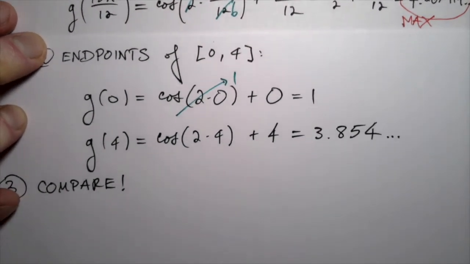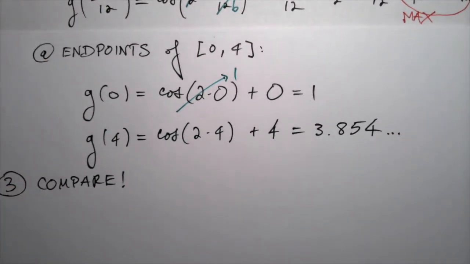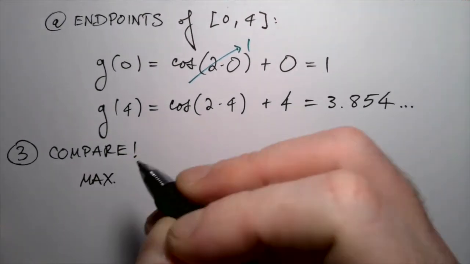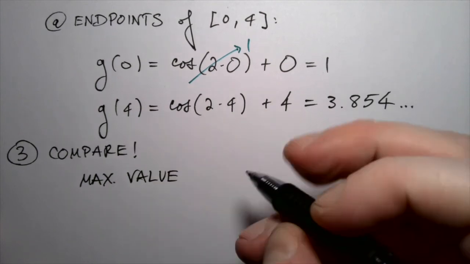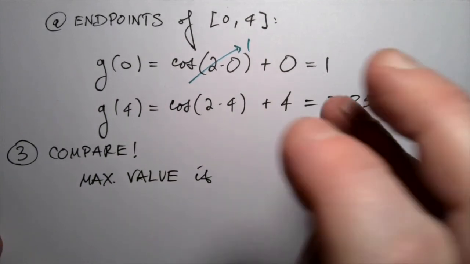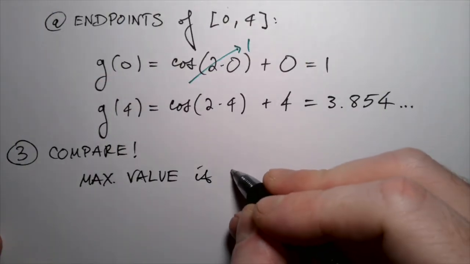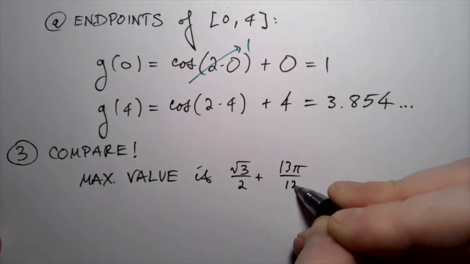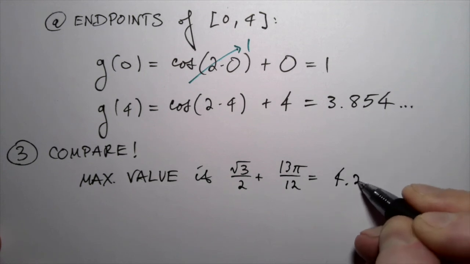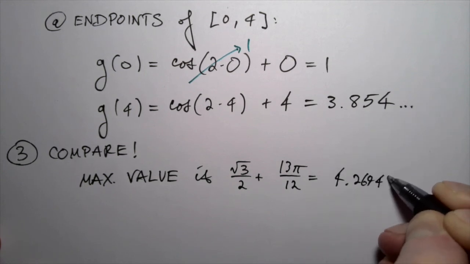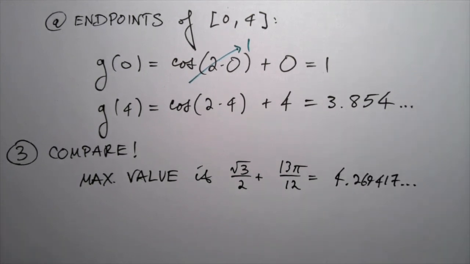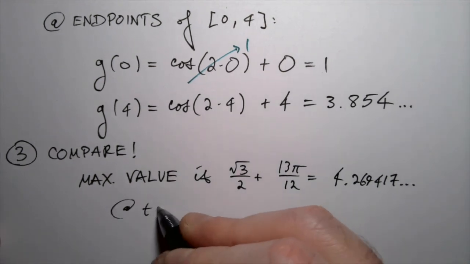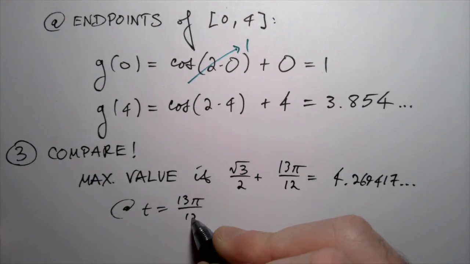In this case, the value of the function at the endpoints of the interval was irrelevant. It didn't achieve a maximum or minimum there. So let's record the answer. The maximum value is, I'll write it first in terms of its honest answer, root 3 over 2 plus 13 pi over 12. That was in decimal form, something like that. And that occurred at the t-value 13 pi over 12.